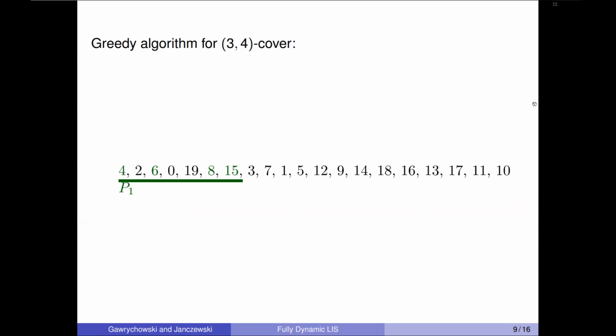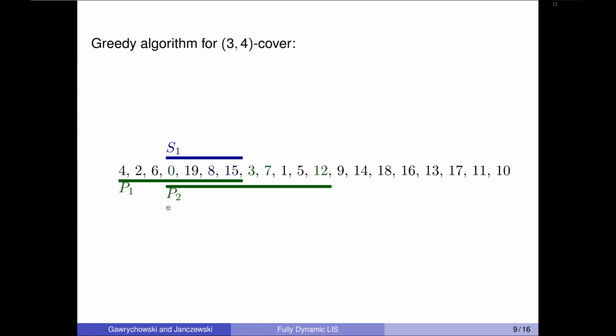So we need a segment inside this prefix, and we find the shortest suffix of this prefix containing an increasing subsequence of length 3. And this is our first segment. So this is a segment with an increasing subsequence of length 3, which covers this prefix. Then we can safely forget about all the elements starting before this suffix.